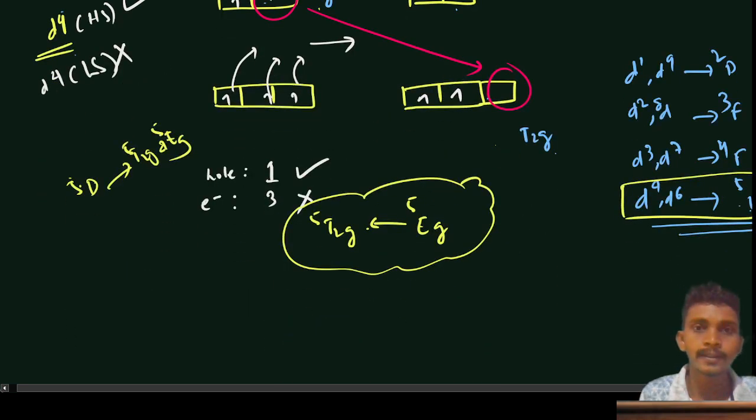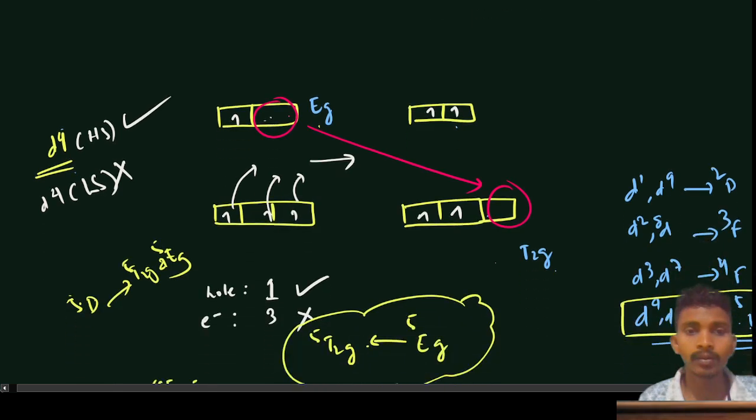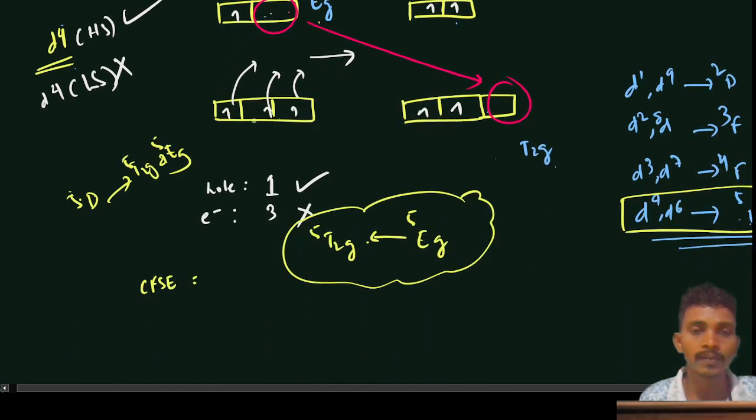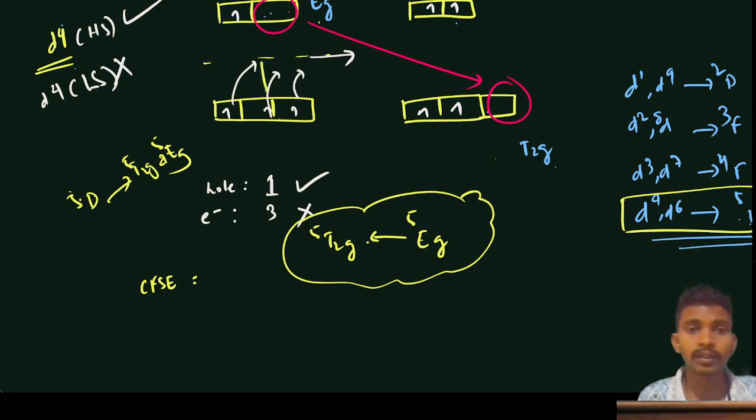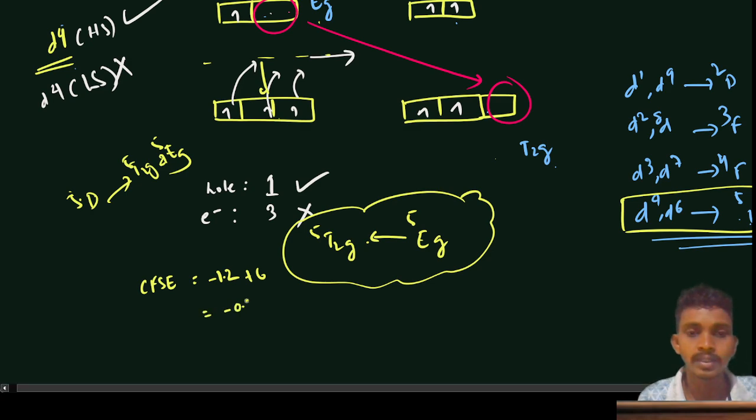Now calculate the CFSE value. For this case, minus 0.4 times 3 is minus 1.2, and this is plus 0.6, that is going to be minus 0.6 delta naught.